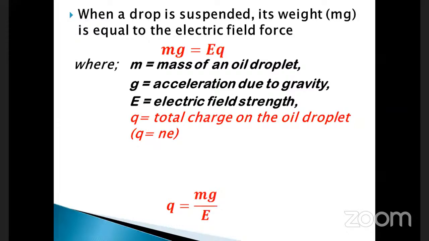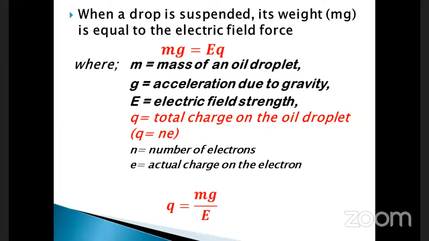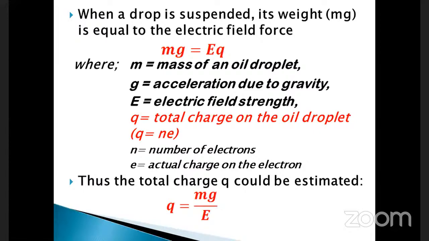So instead of having E multiplied by the small letter e that has been for charge, we have E multiplied by Q. So you have EQ. There Q is Ne, where N is the number of electrons and e is the actual charge on the electron. Thus, if you now estimate the total charge Q, you have Q to be mg over E.